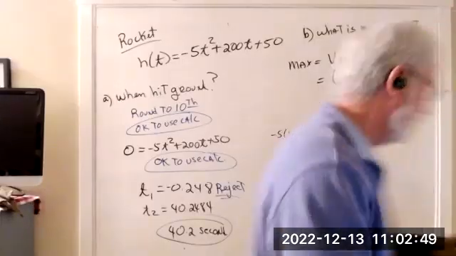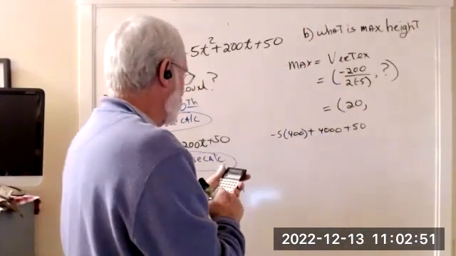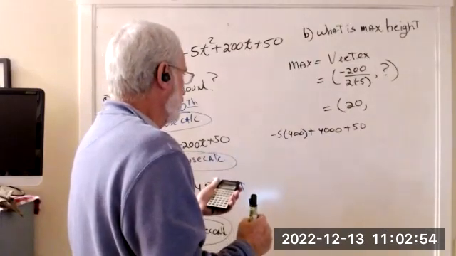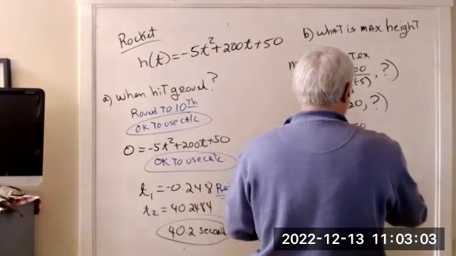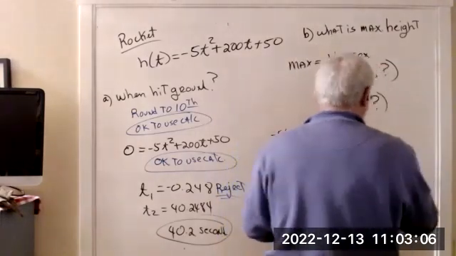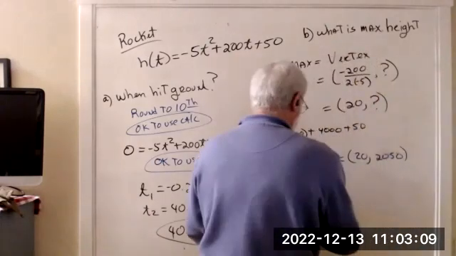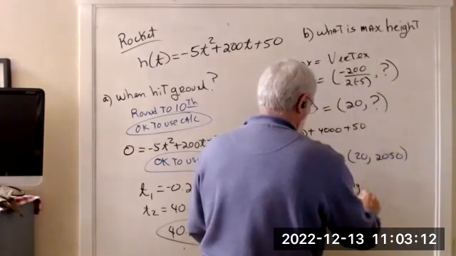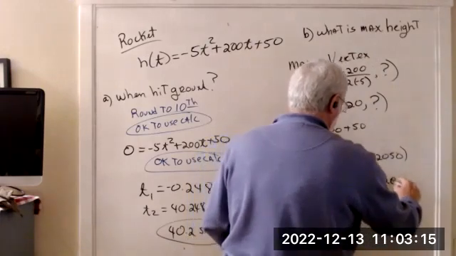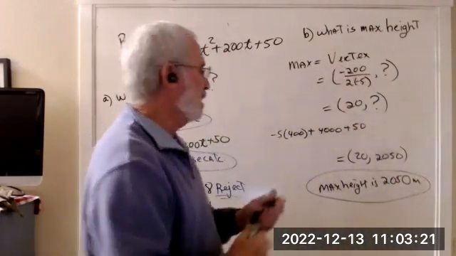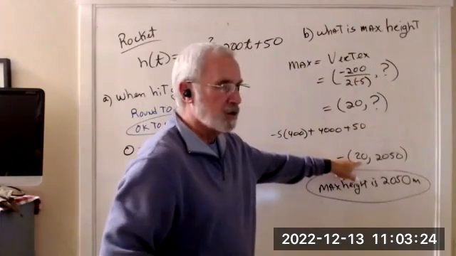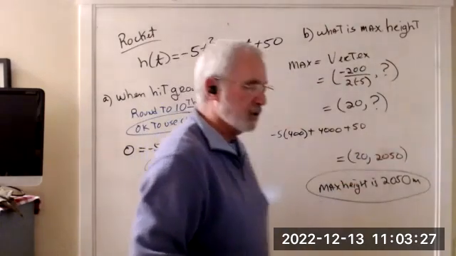Yeah, I think I did that right. So that's 2050. Is that what you got? Yeah, that's what I got. So the final answer is 20, comma, 2050. So the max height is 2050, probably meters, whatever. So you didn't need to tell me what the 20 was. You just needed to use the 20 to get to the other stuff.